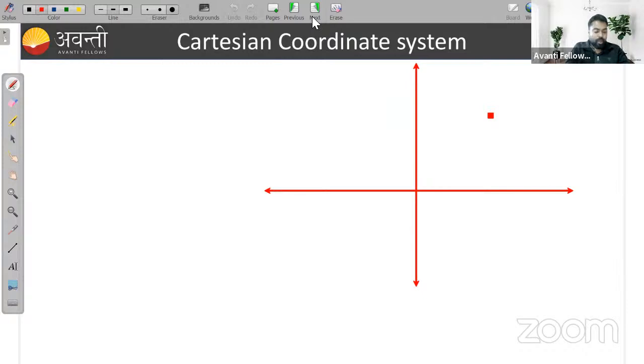Okay. So now we are going to start our topic, straight line, and we'll start from Cartesian coordinate system. So what is that actually? All of you know what is Cartesian coordinate system.